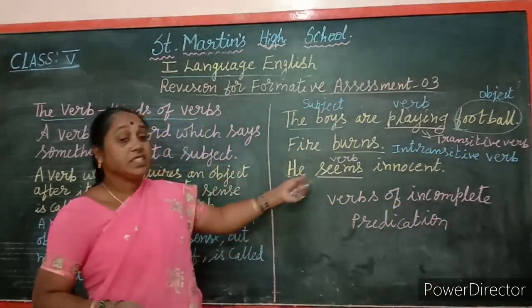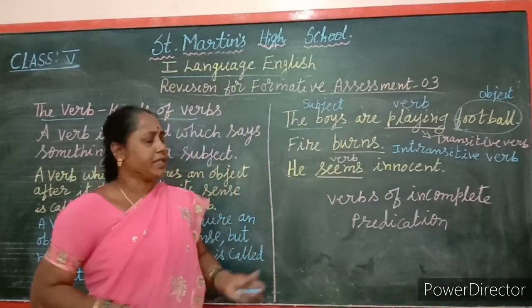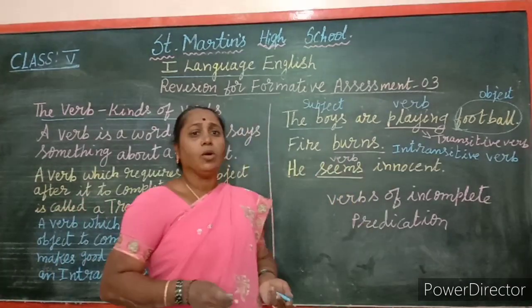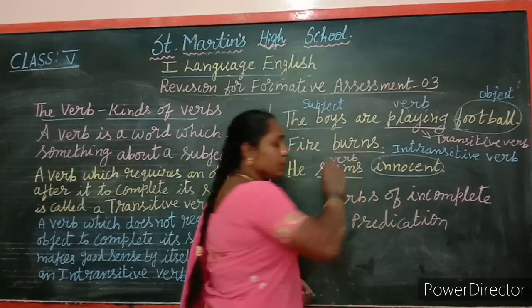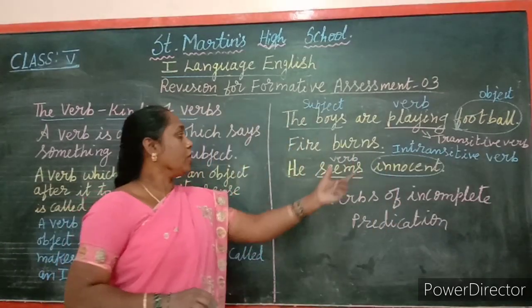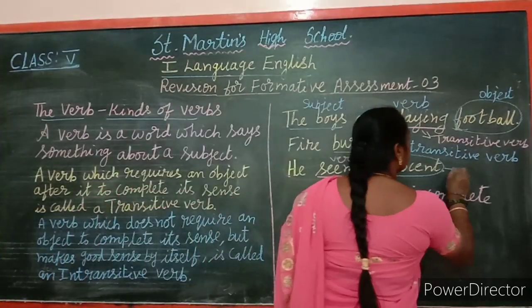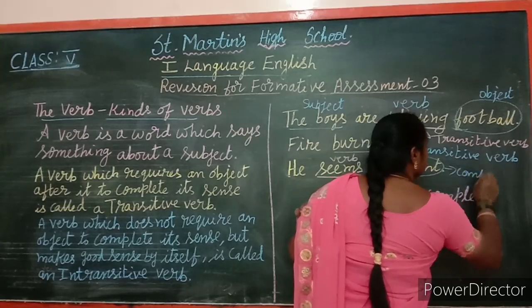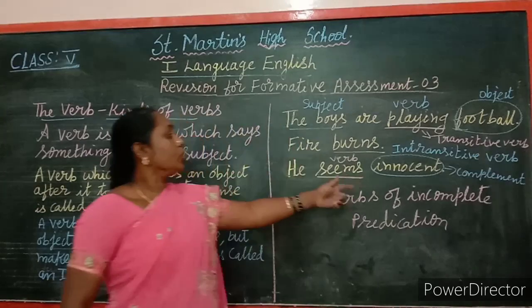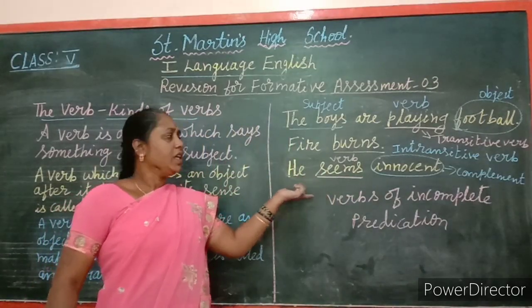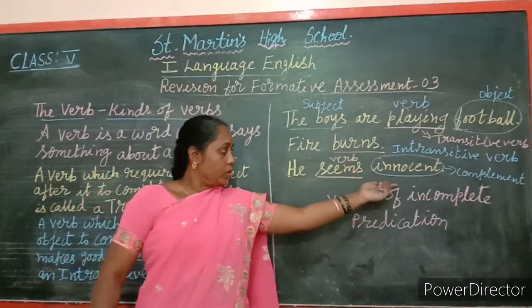So here, he seems. It needs some other word to complete its meaning. What does it need? It needs the word innocent. This word innocent is called the complement. It is the complement to the verb seems. He seems innocent.